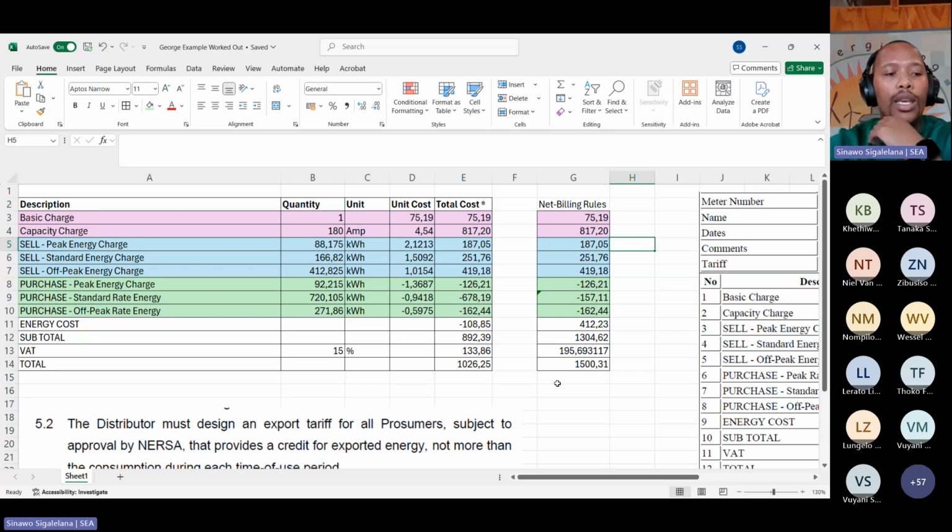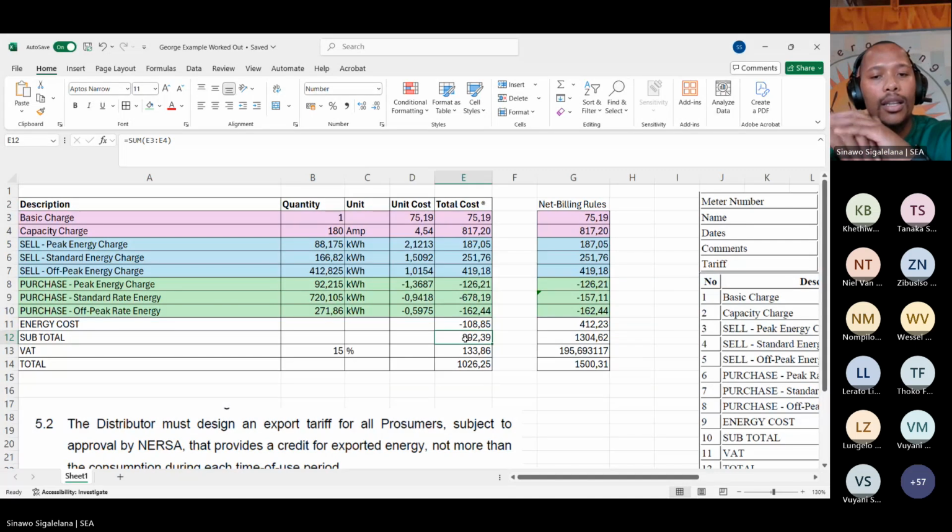So if we look at the subtotal, this is the subtotal of the bill, right? So this total bill, is it a subtraction of the energy costs? Is it a subtraction of the energy costs?